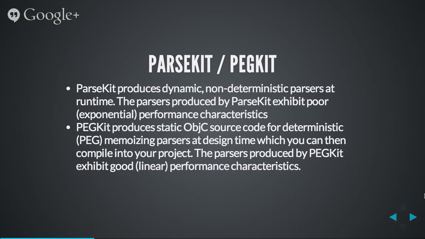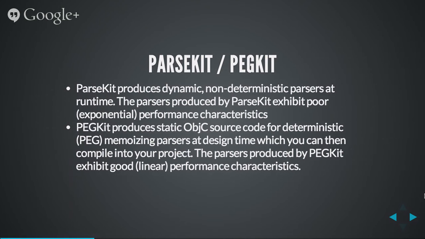And ParseKit is more of a dynamic parser, and it has exponential performance characteristics, which means basically the larger your input gets, the slower it gets.